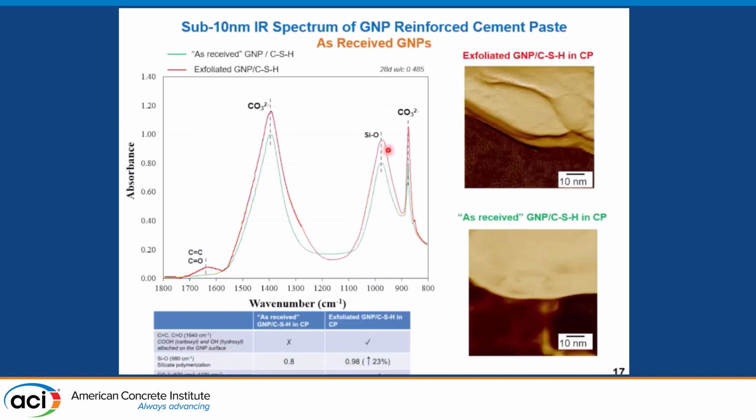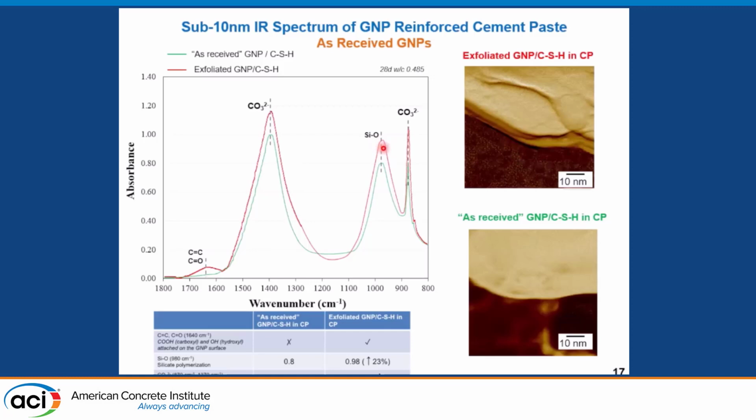In this slide, before the conclusions, I would like to show the NanoIR spectra of carbonated cement-based materials with the as-received graphene nanoplatelets, the green curve. First, we see that the silicon-oxygen peak at 970 appears in both exfoliated and as-received GNP-reinforced carbonated specimens, with the higher peak attributed to the exfoliated specimens.